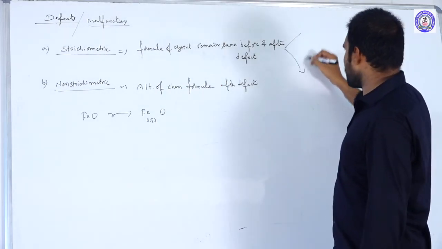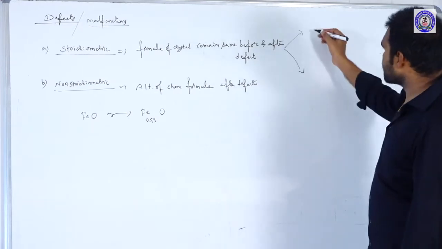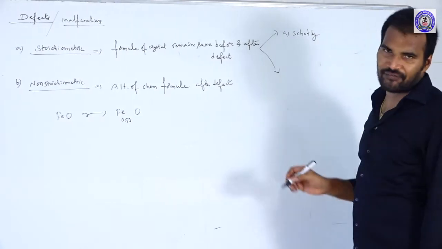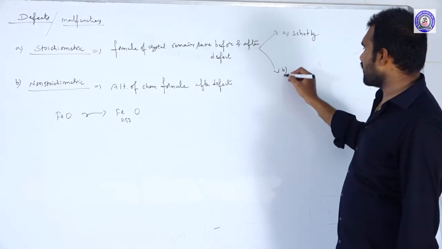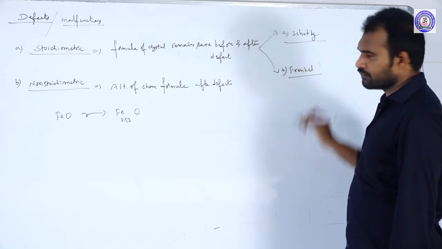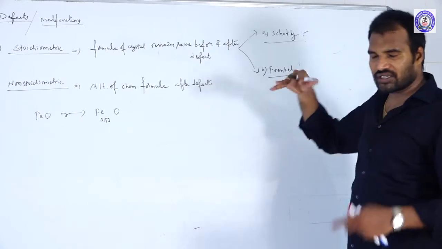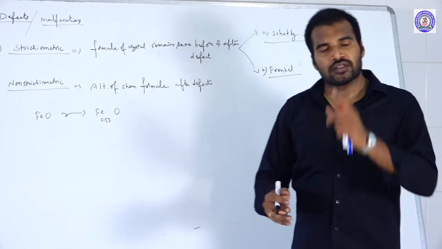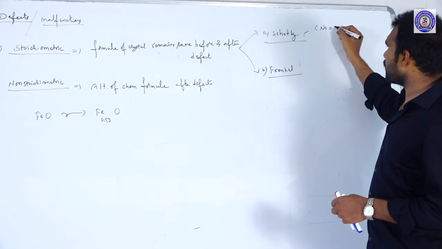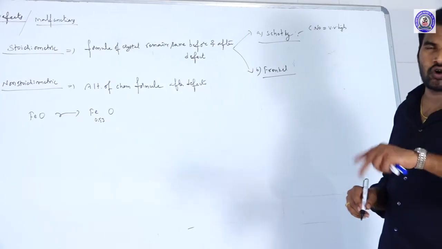So stoichiometric and non-stoichiometric. Under the stoichiometric we mainly discuss two defects. The first one is Schottky defect and the second one is Frenkel defect. Schottky defects, first of all, are observed where? We observe Schottky defects in crystals where the coordination number is very high, like coordination number 8, coordination number 12.